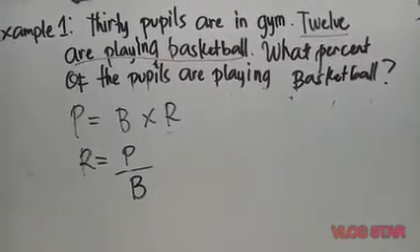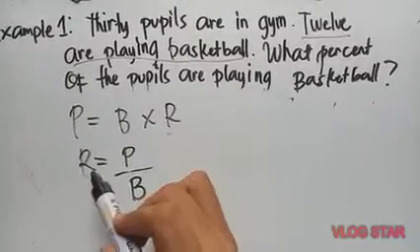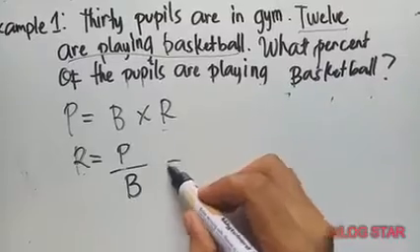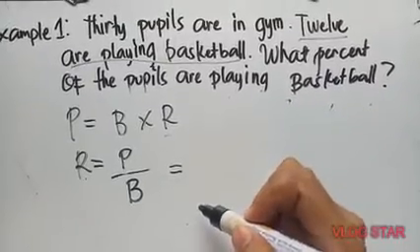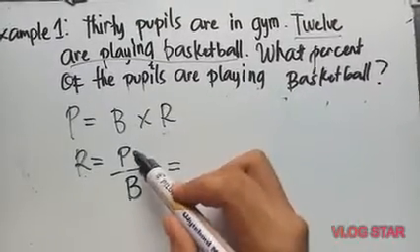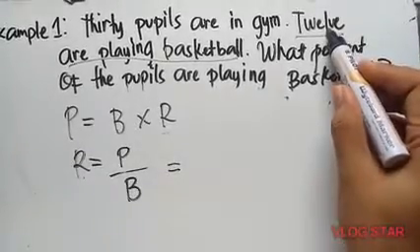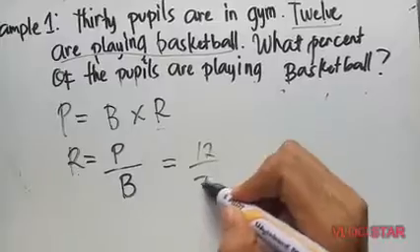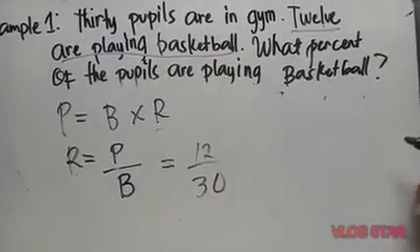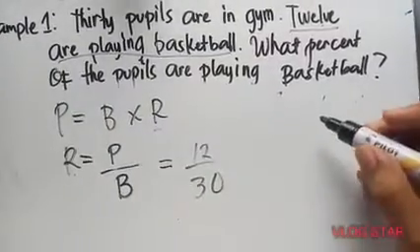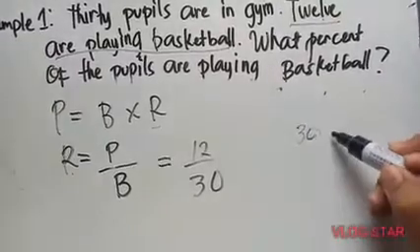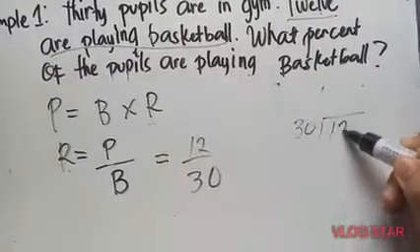Another way of solving this is using the formula rate is equal to percentage over base. Our percentage is 12 and our base is 30. To solve this, we can just divide 12 by 30.